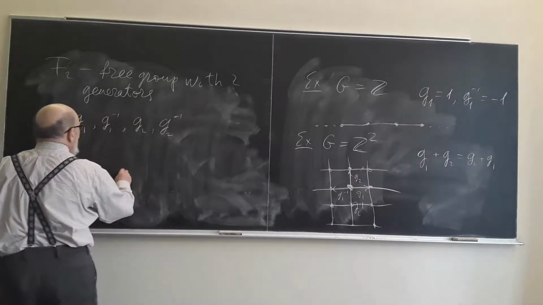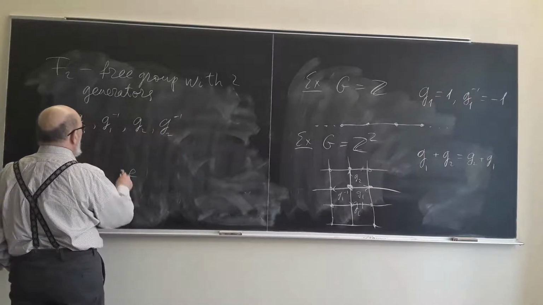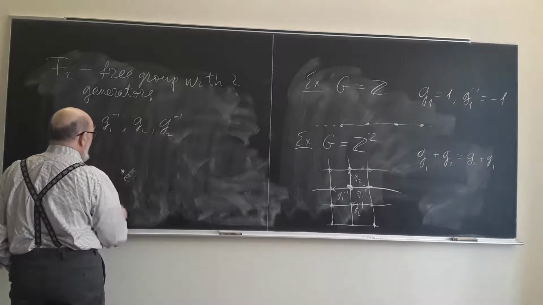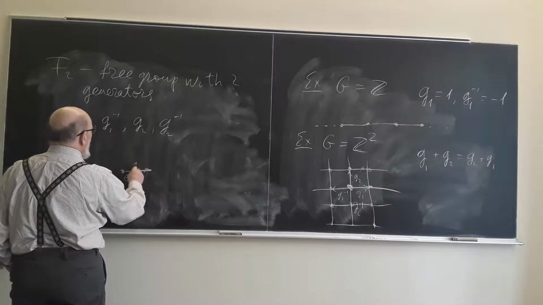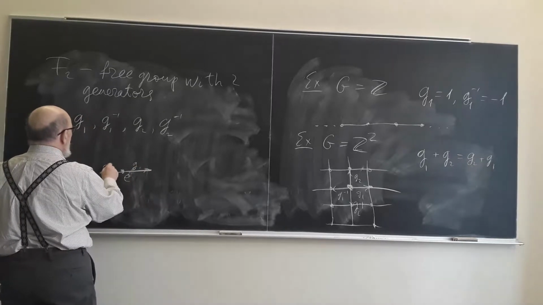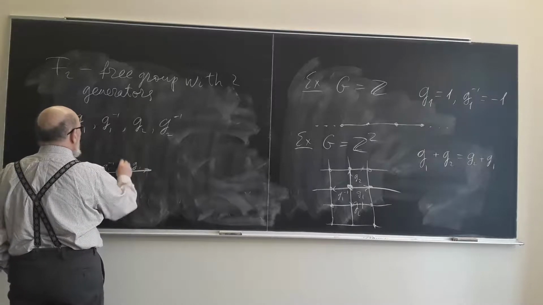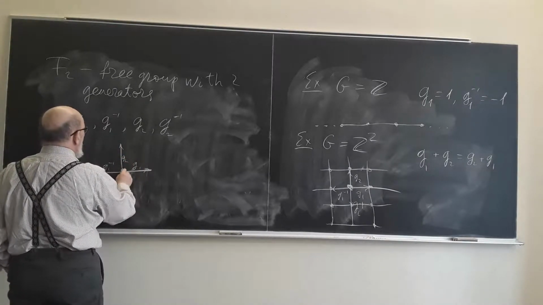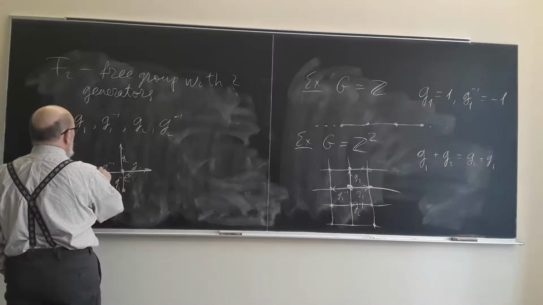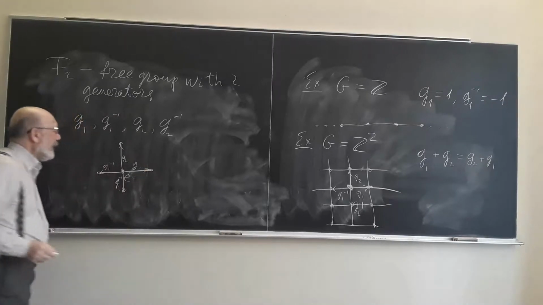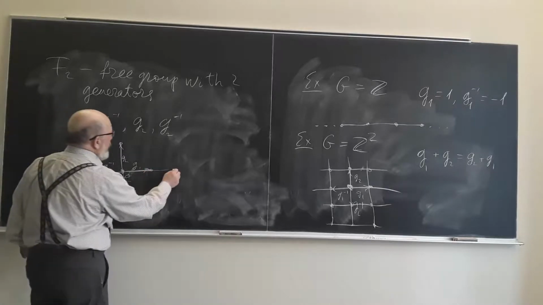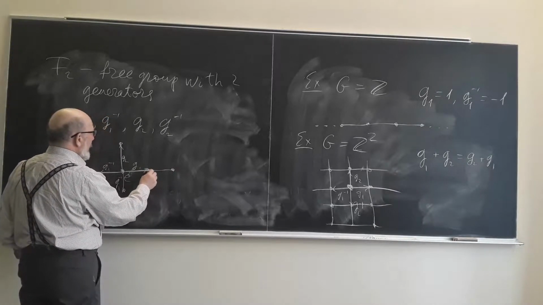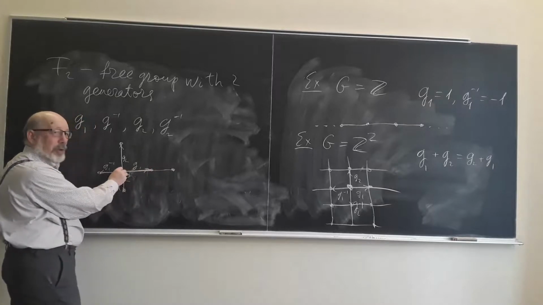So we have the element e. Now we can apply g1, we can apply g1 minus 1, we can apply g2, apply g2 minus 1, and have these four elements which are the neighbors of this. Now for this element we can apply again g1, and if you apply g1 minus 1 we return here.